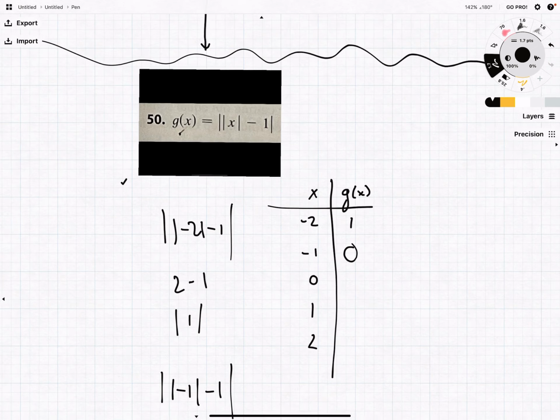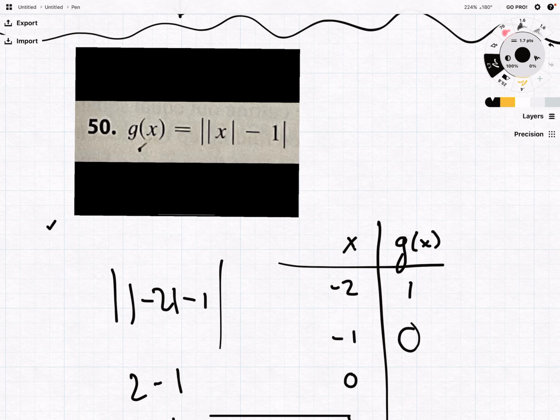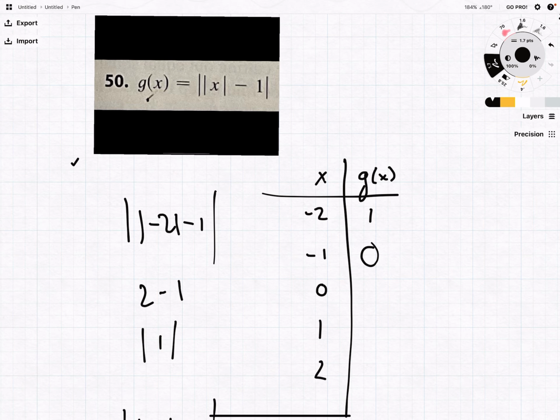And then for the rest of this, maybe let's just do a little bit of mental math. If I were to plug in a 0 here for x, then we would have 0 minus 1, and that would give us a -1. But we need the absolute value of -1, which is going to give us positive 1. So for 0, it'll be 1.